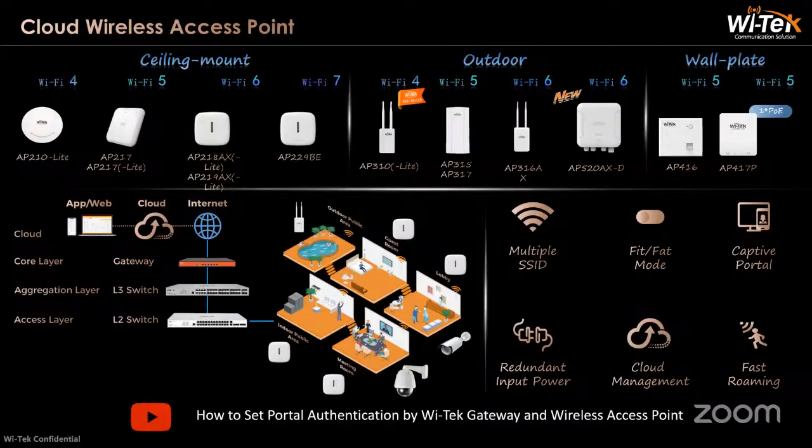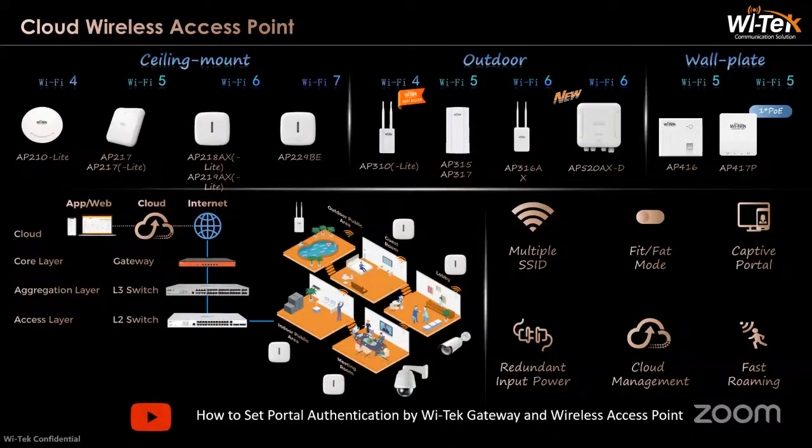Okay, let's move on to the last part, about the Wi-Tek Cloud Wireless Access Point. You can see this slide. Wi-Tek access points come in Wi-Fi 4, Wi-Fi 5, Wi-Fi 6, and Wi-Fi 7. Now we already have Wi-Fi 7.